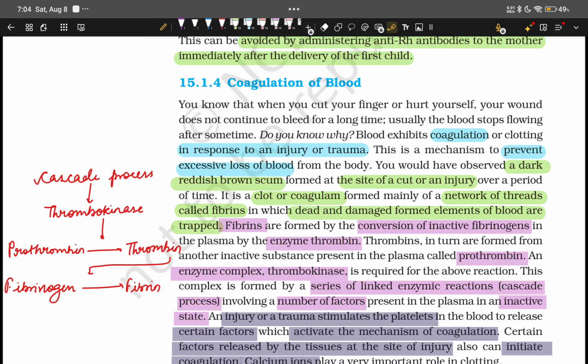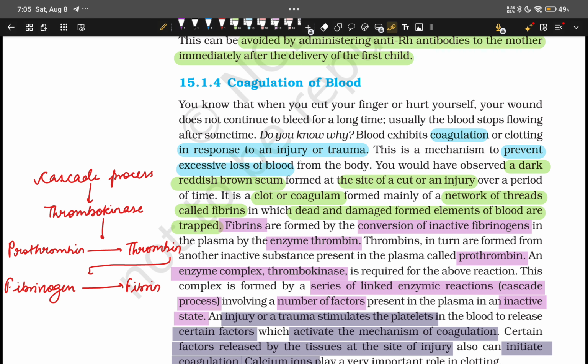You all must have seen the dark reddish brown scum that is formed at the site of a cut over time. This is called a clot or coagulum. What is a coagulum? It is a network of threads, and the threads are basically fibrin, where damaged or dead formed elements of the blood are trapped.